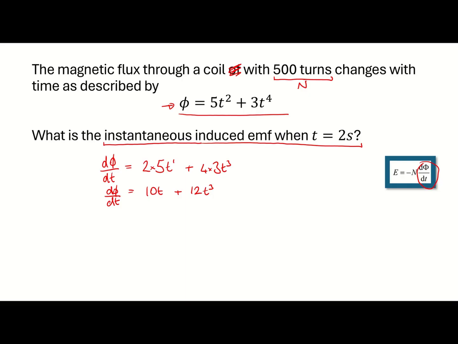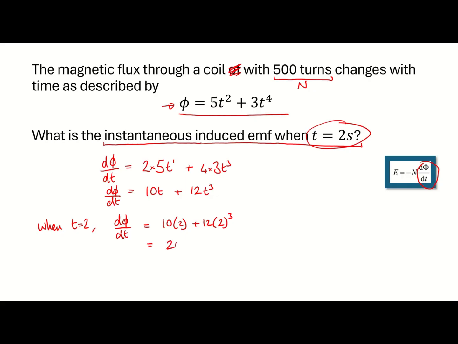However, we want to know what this is going to be when t is equal to 2 seconds. So when t equals 2, d phi over dt, let's substitute in t equals 2, is 10 times 2 plus 12 times 2 cubed.